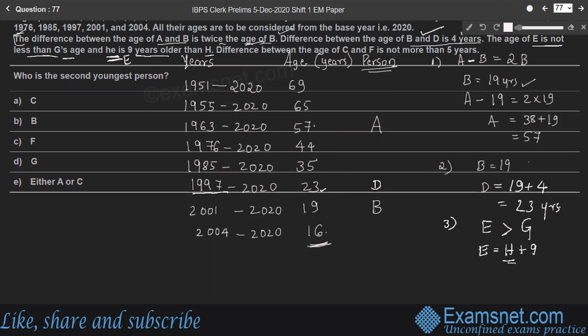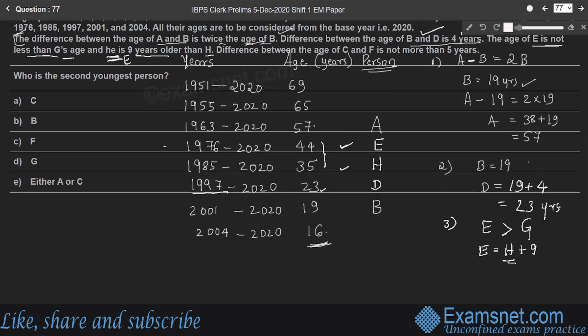Here, look at the ages 44 and 35, there is an age gap of 9 years. So who is born in 76, and who was born in 85? Here, E's age is greater. Therefore, E was born in the year 76 and H was born in 85.